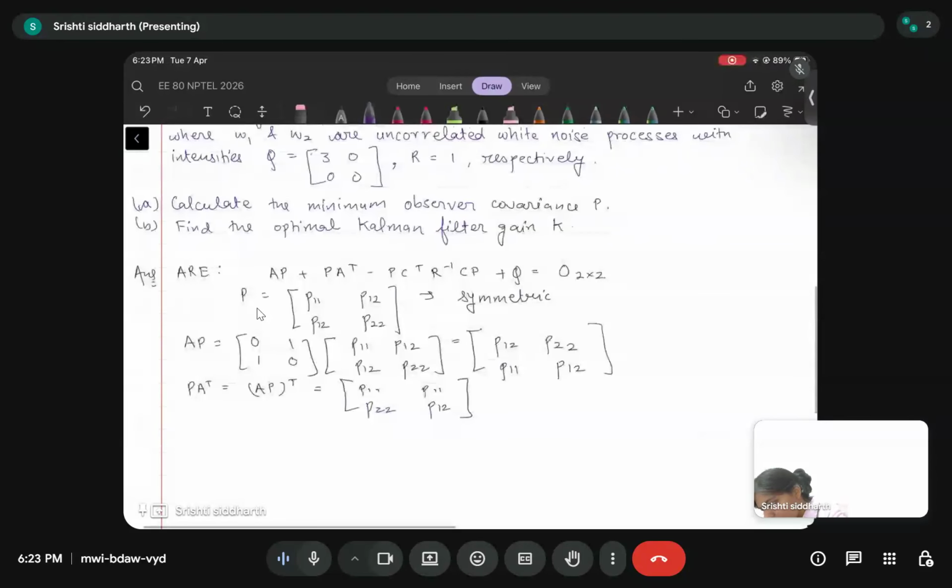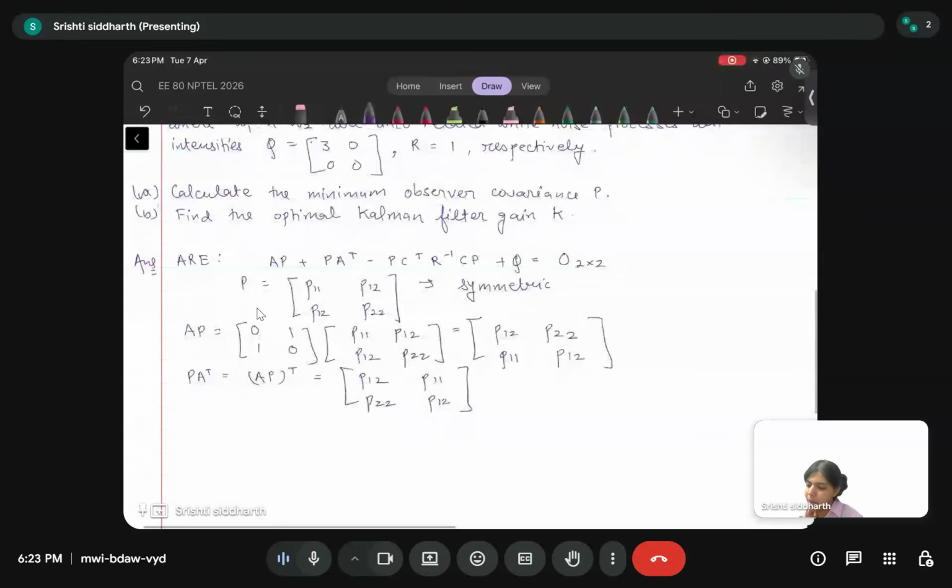Then C transpose C is [1, 0; 0, 0]. And now we need to multiply by P on both sides.